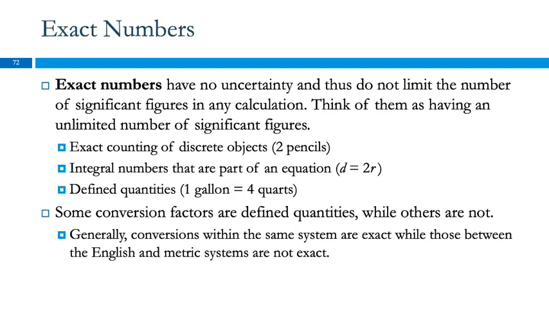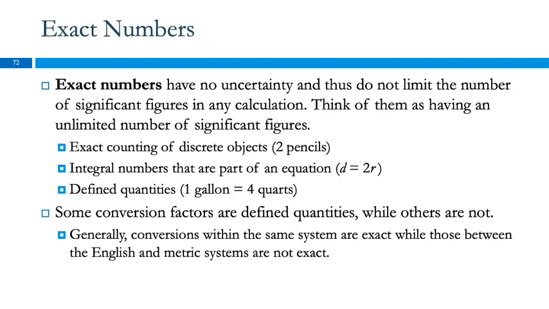What about 2 inches? Is an inch an object? No, you can't count the object. It's a measurement. It's a unit of measurement. And so when we see something like 2 inches, we might think, oh, whole number, must be an exact number. No, it has to be something that you're counting.